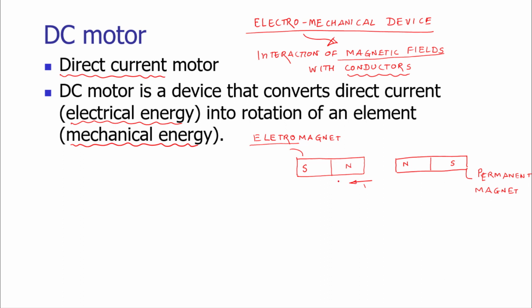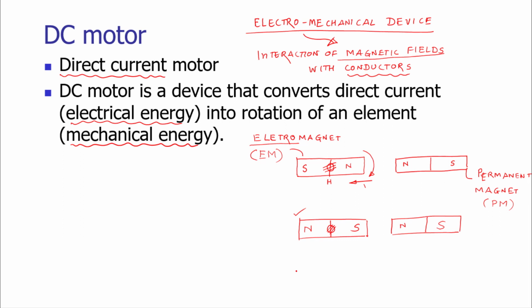There would be repulsion. If I hinge this electromagnet, then instead of having the repulsion and the linear motion away from the permanent magnet, the north pole will rotate about this hinge. This will rotate and the south pole will get attracted towards this north pole. And due to this, we are getting the rotated position of the electromagnet, something like this.